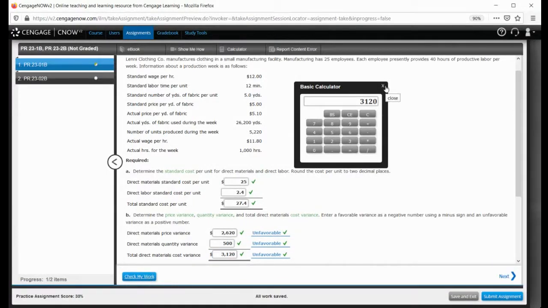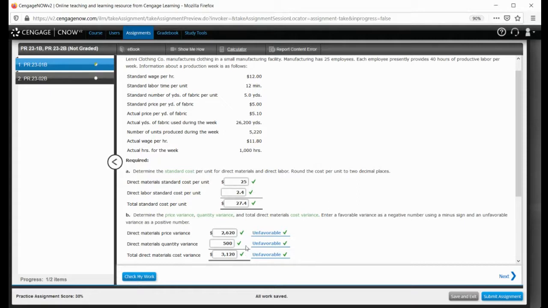All right, now what we can determine from this information is that our original amount that we had anticipated to pay for the materials was unfavorable. Because our purchasing department would be responsible for buying the materials, we would want to go back to the purchasing department and ask them why the amount was more than what they had expected.